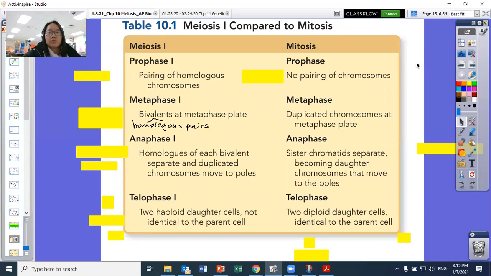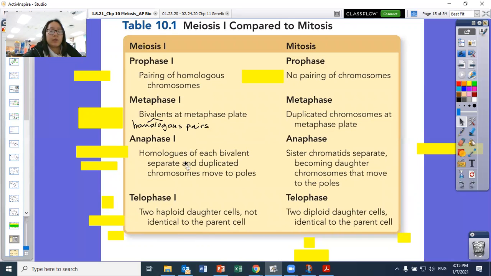So here is a general table that is comparing Meiosis 1 and mitosis. Right, so in prophase 1, the homologous pairs are together, but in prophase of mitosis, there are no homologous pairs. In metaphase 1, bivalents, or homologous pairs, another term, or a tetrad, you can call a tetrad a bivalent or homologous pair, are stuck together at the metaphase plate, whereas in metaphase of mitosis, it's just a single file line of all the chromosomes individually.